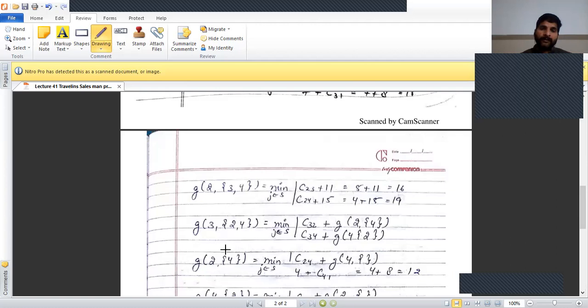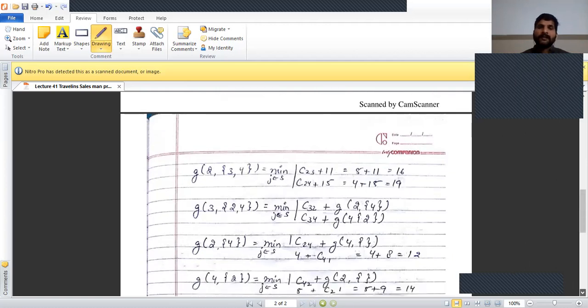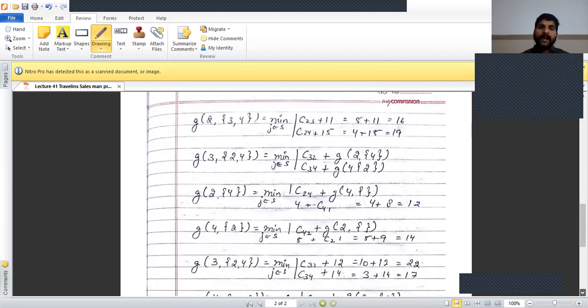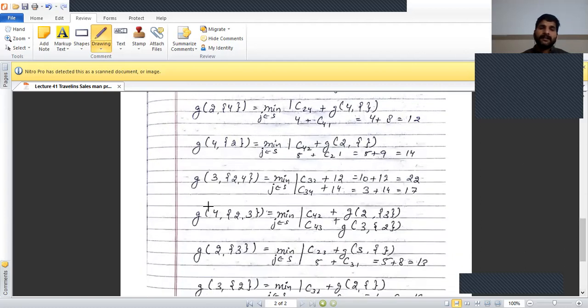Similarly, we calculate all values according to the formula and put the G(3, {2,4}) values 22 and 17, and 4 comma 2 comma 3 equal to value 13.